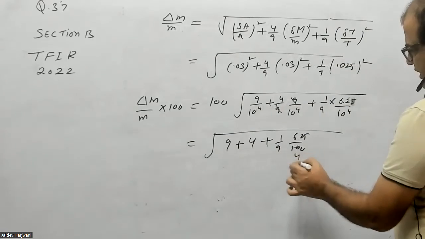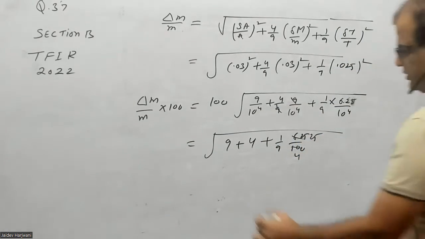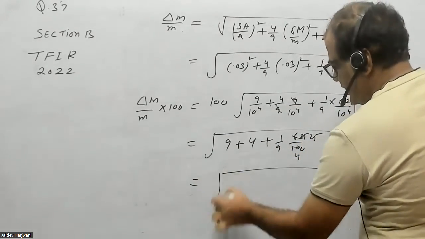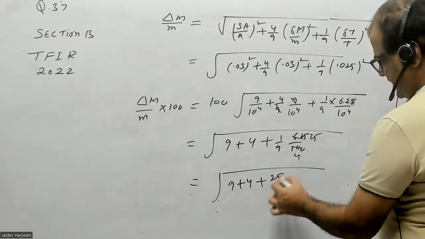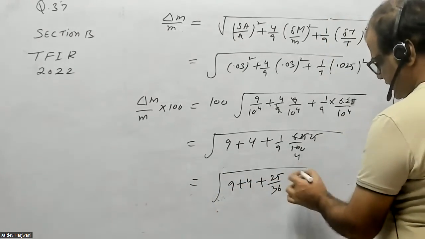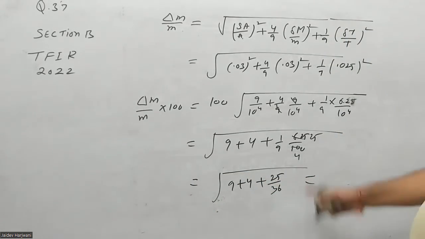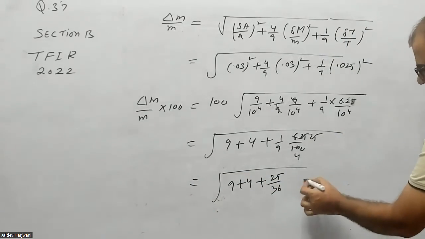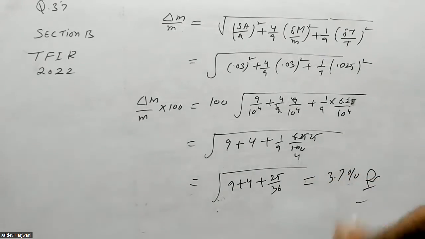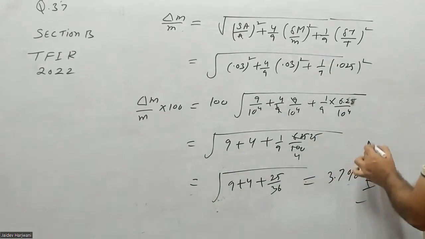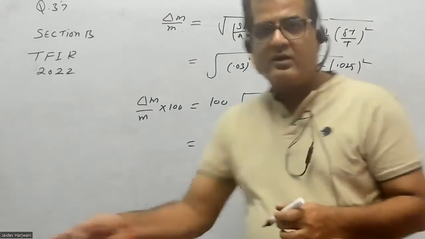This is 4 times and this is 25, so this gives me 9 plus 4 plus 25 upon 36. This becomes some 13 point something, and if I solve this, the error will come around 3.7%. This is given as option A in the question, and option A is the correct answer for this question. Thank you very much.